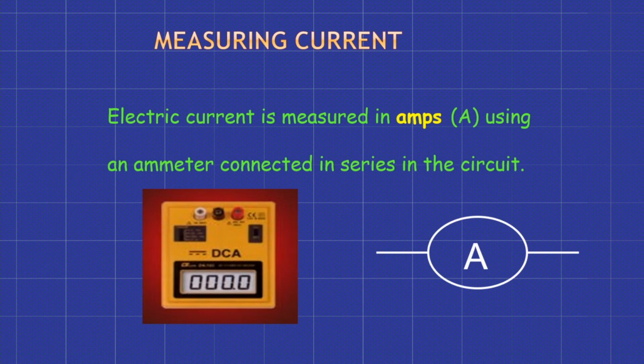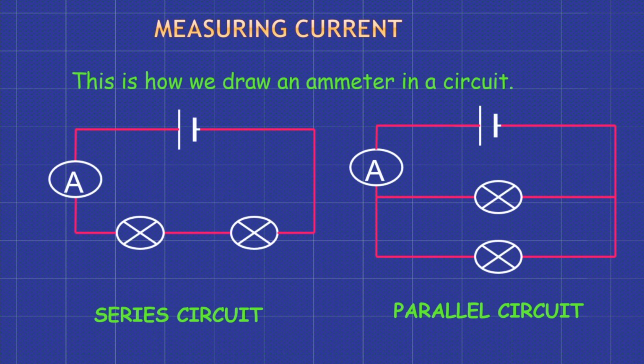Now, measuring of current. You know that we can measure current by using a device that is called an ammeter. And here is the symbolic diagram of an ammeter, and that is connected in series with the circuit. So we will see here that this is how we draw an ammeter in a circuit.